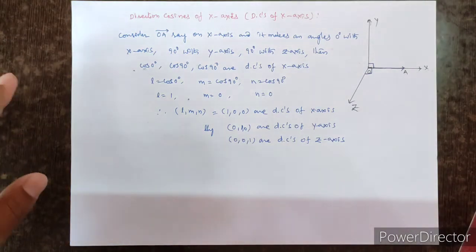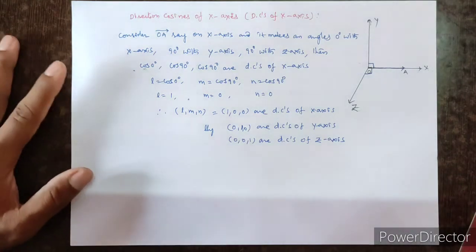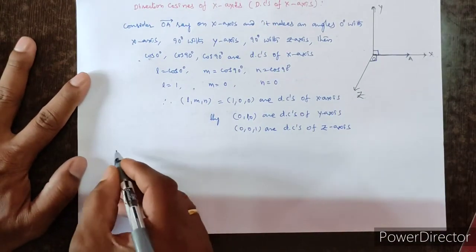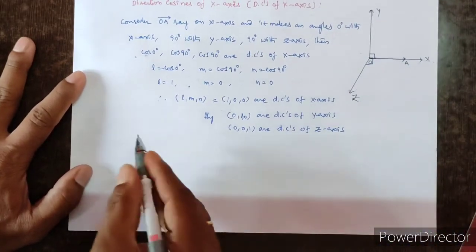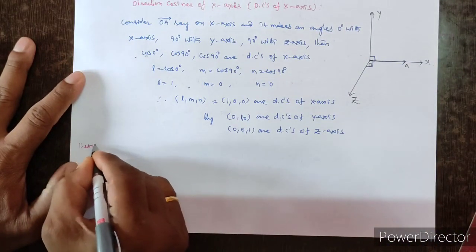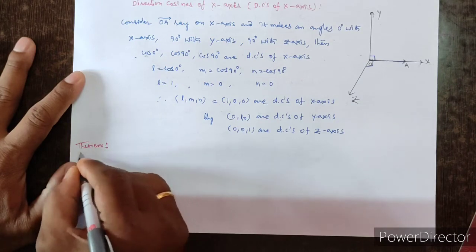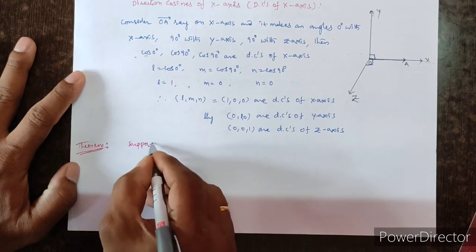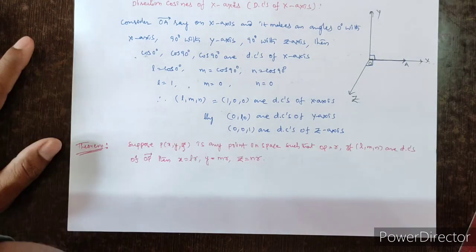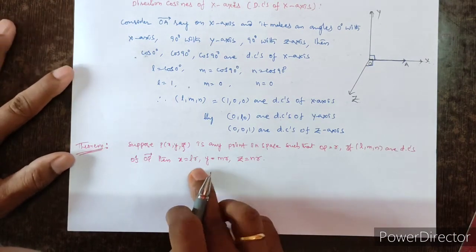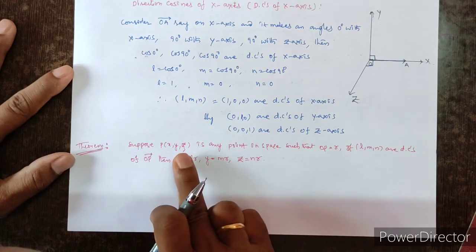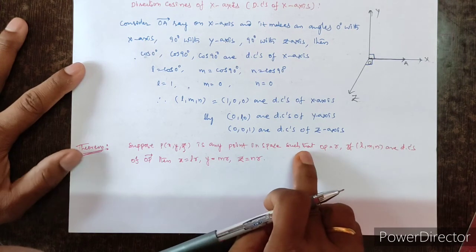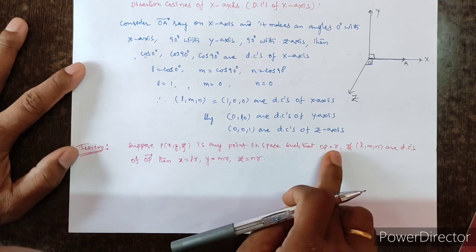Next theorem. Suppose P(x, y, z) is any point in space such that OP equals r.